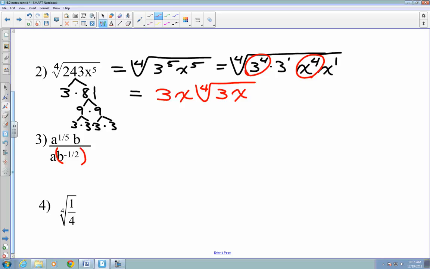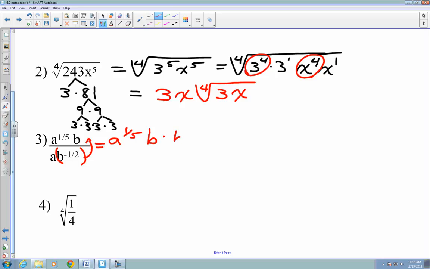The only negative exponent in this case is b to the negative 1/2. That means it is the only thing that will have to move from the denominator up to the numerator. So I'm going to rewrite this without the negative exponent first. I have a to the 1/5 times b. Since this is a negative exponent, just that part is going to move up to the top.